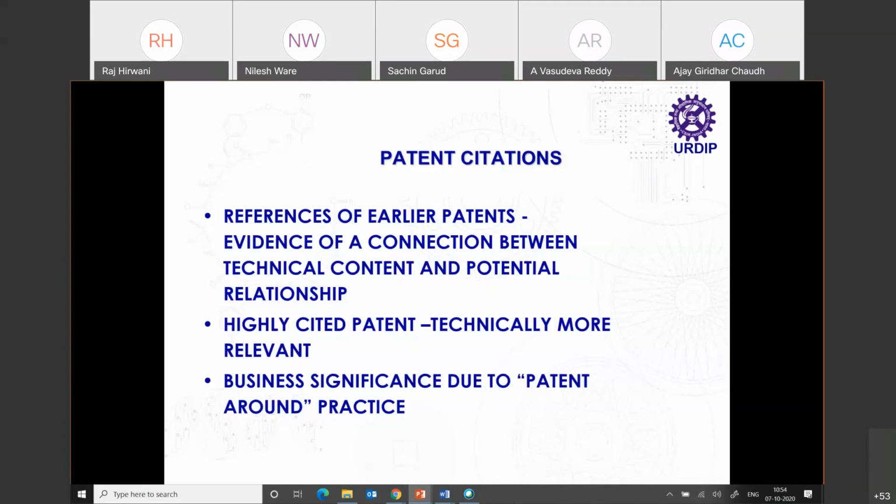And if your patent has many citations in a short period of time, it has significance. If your invention is disruptive and significant, people in the business feel threatened.